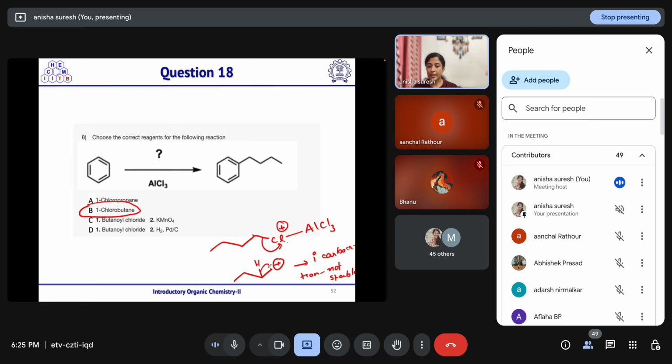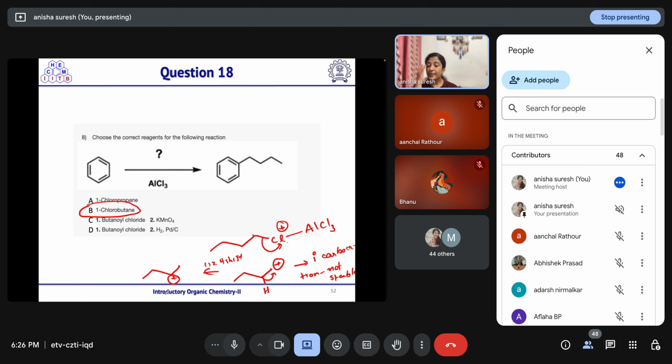A 1,2 hydride shift will take place, and it will result in the formation of this. Better to draw like this. This proton will shift here, and it will result in the formation of a stable secondary carbocation, which will be reacting.